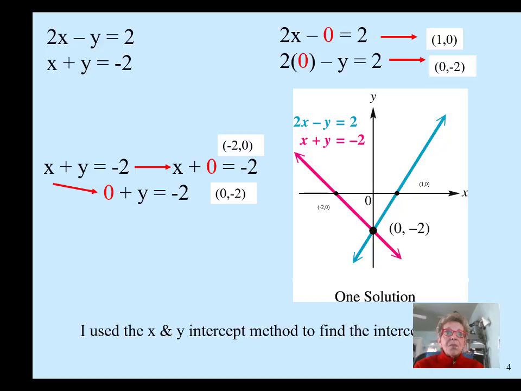I used the x and y intercept method to find those intercepts. I found this to be a consistent system with an intersecting point of (0, -2). And if I ask you to check that, then you'd put (0, -2) in both original equations to make sure it satisfies those equations.